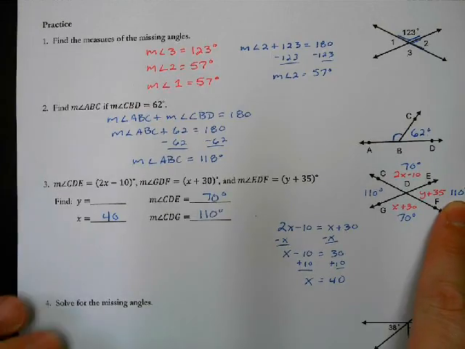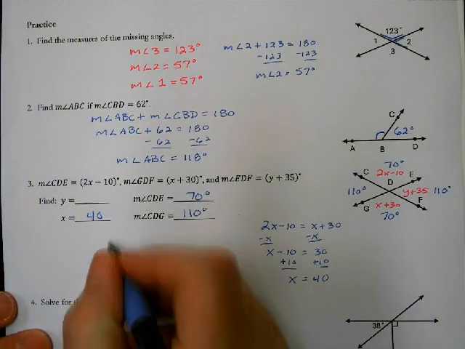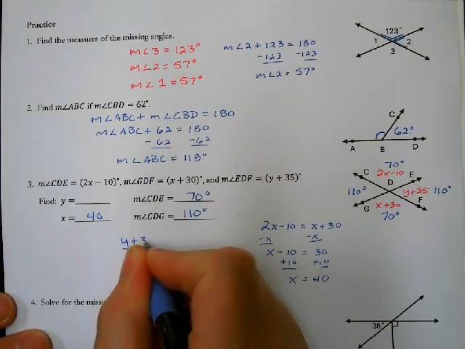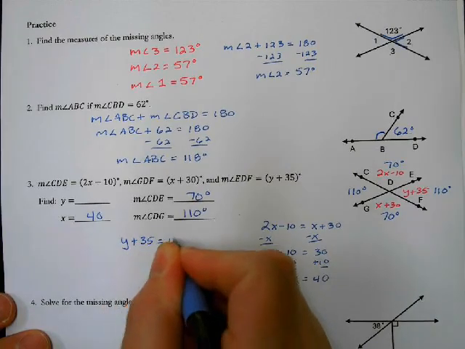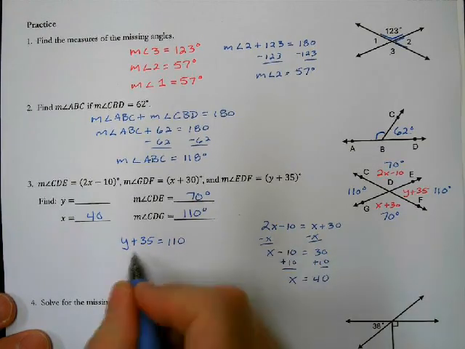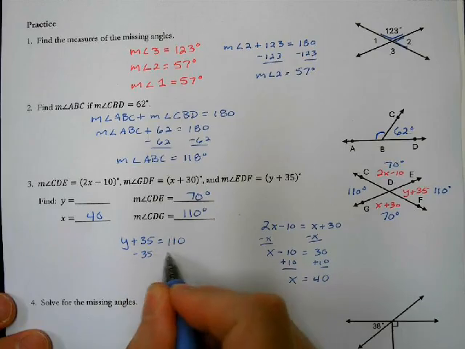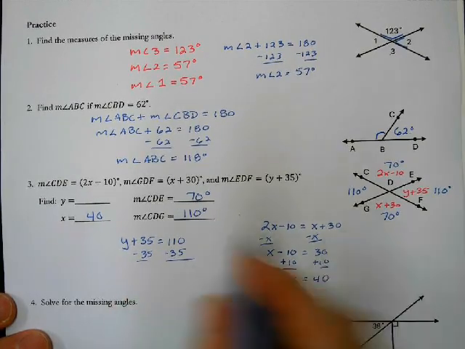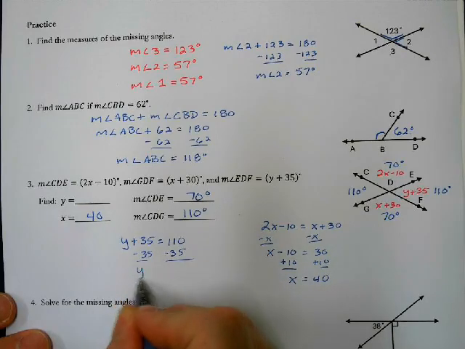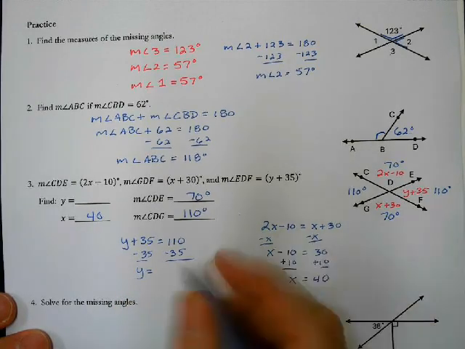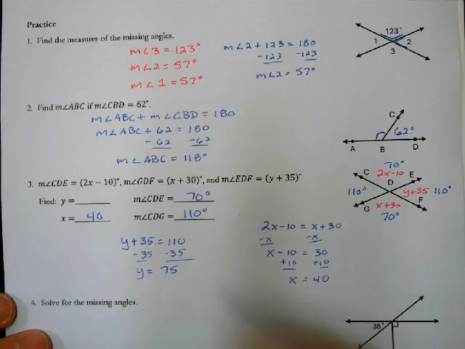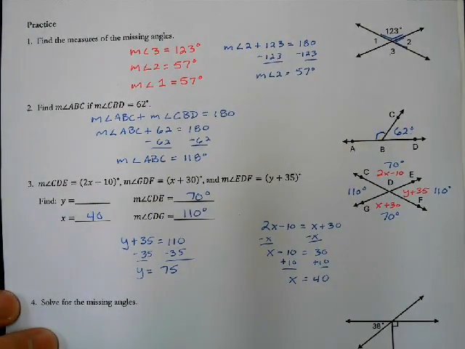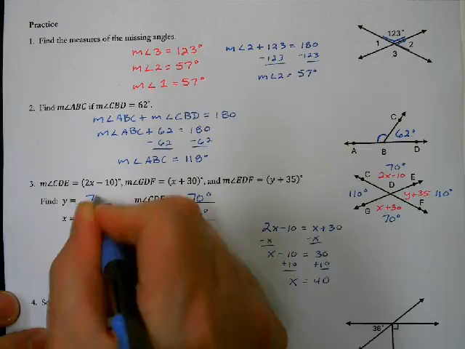So I'm just going to write y plus 35 equals 110. Subtract 35 from both sides. And we get y is equal to 75. Done. Last one.